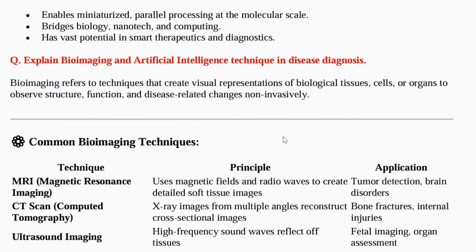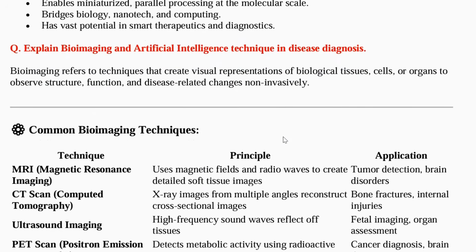Next comes bioimaging and artificial intelligence techniques in disease diagnosis. Firstly, MRI: we use magnetic fields and radio waves to create detailed soft tissue images, for detection of tumors and brain disorders.